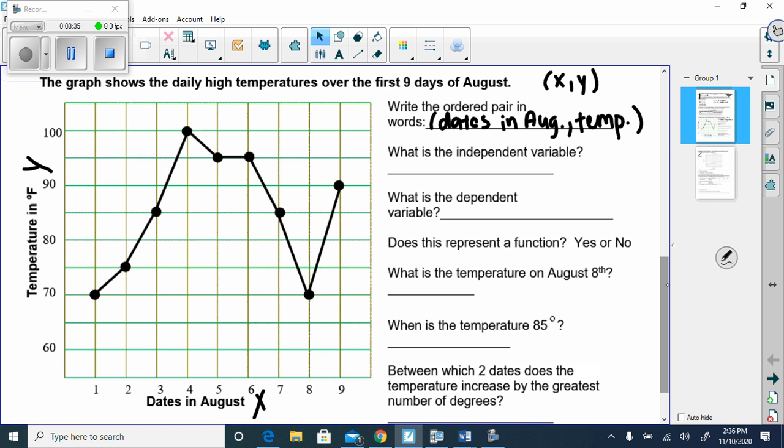Okay, so which one of these is the independent? X. X, which is what? Dates in August. Good. Okay, which means my dependent is temperature. Very good.